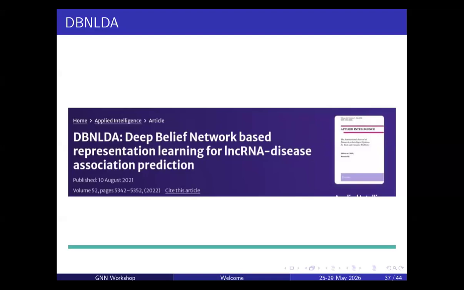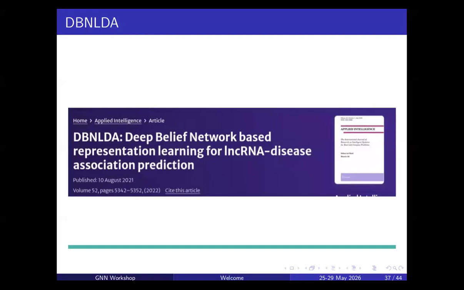Those parts of the RNA which produce proteins are basically the coding RNA, while there are many other non-coding RNAs which are not translated into proteins. They have a regulatory function. They may interact, and they may help in different protein synthesis processes. So they have regulatory action. Long non-coding RNA is a kind of regulatory RNA in our biological system.